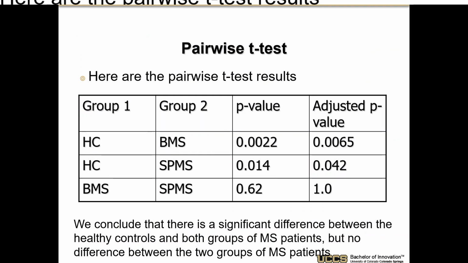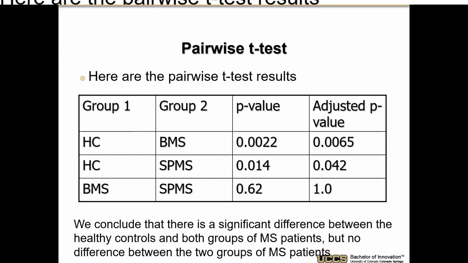So if I go back to that example with the MRI and I look at group 1, the control group versus the benign MS, the p-value is 0.002. The control group versus the secondary, the p-value is 0.01, and the base versus the secondary is 0.61. Now I adjust those p-values by just multiplying them by 3.